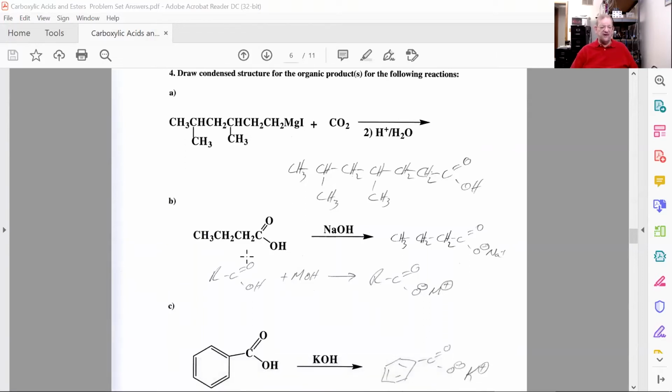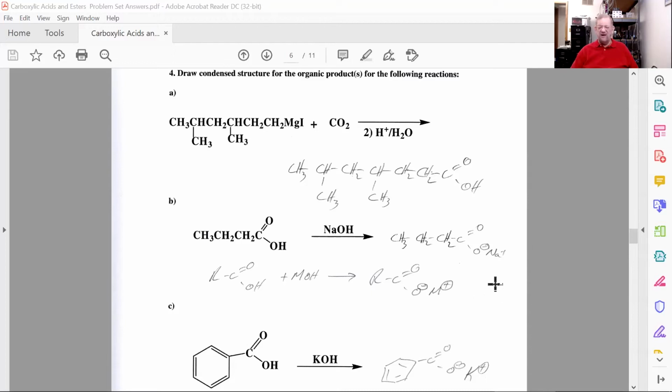Now, carboxylic acids are acids, and the acidic proton or hydrogen is on the oxygen. Reacted with a base, you'll get the carboxylate anion. And this M will either be sodium Na, potassium K, or lithium Li, and you get the carboxylate.